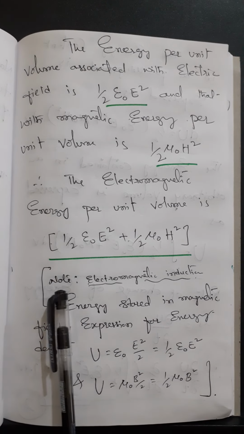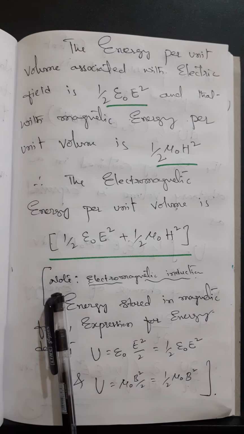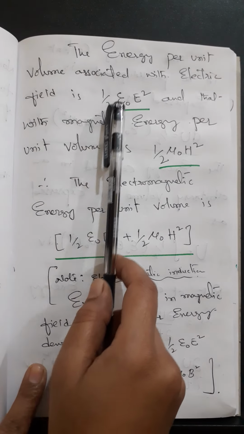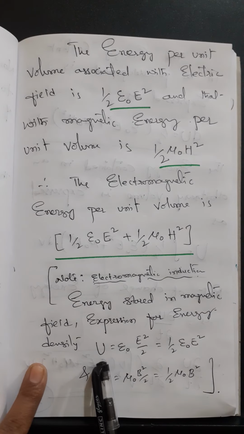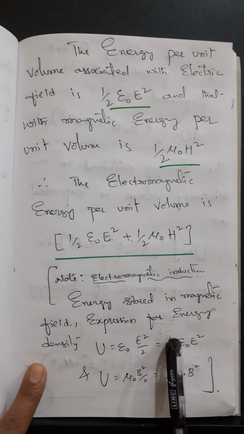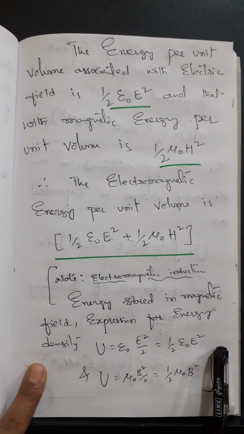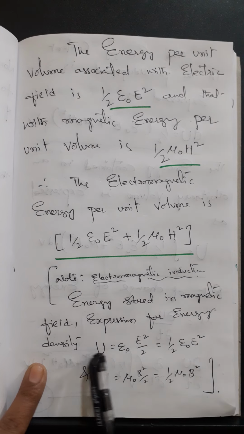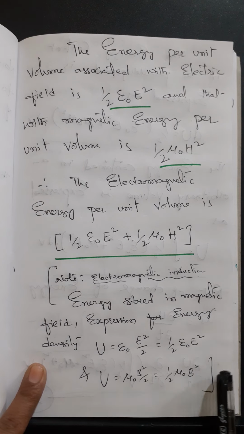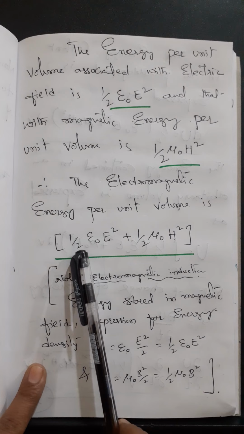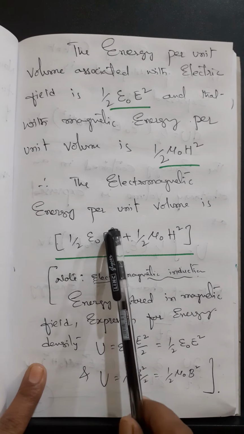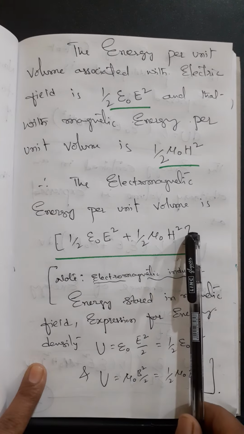It is just a point to remember: u is equal to epsilon naught E square by 2, which is the energy of the electric field, and this is the energy for the magnetic field. So total energy will be the electric field plus the magnetic field, that is 1 by 2 epsilon naught E square plus 1 by 2 mu naught H square.